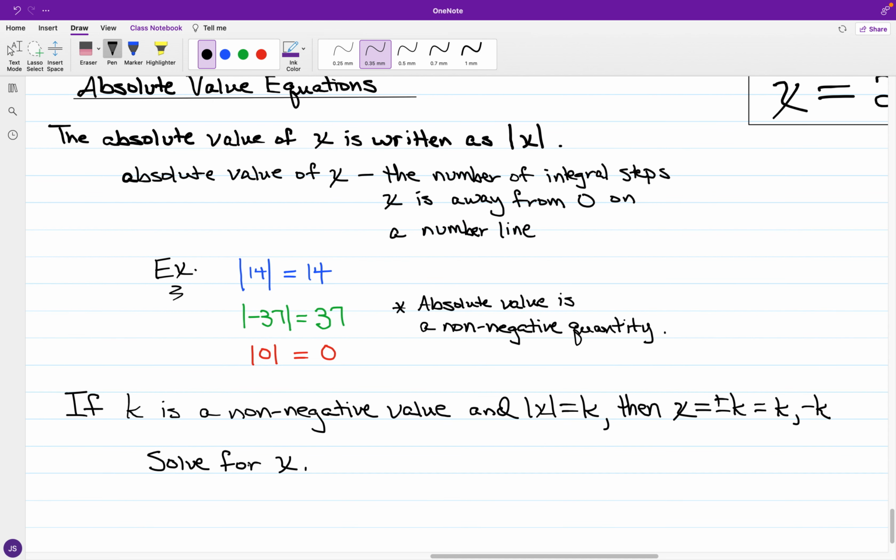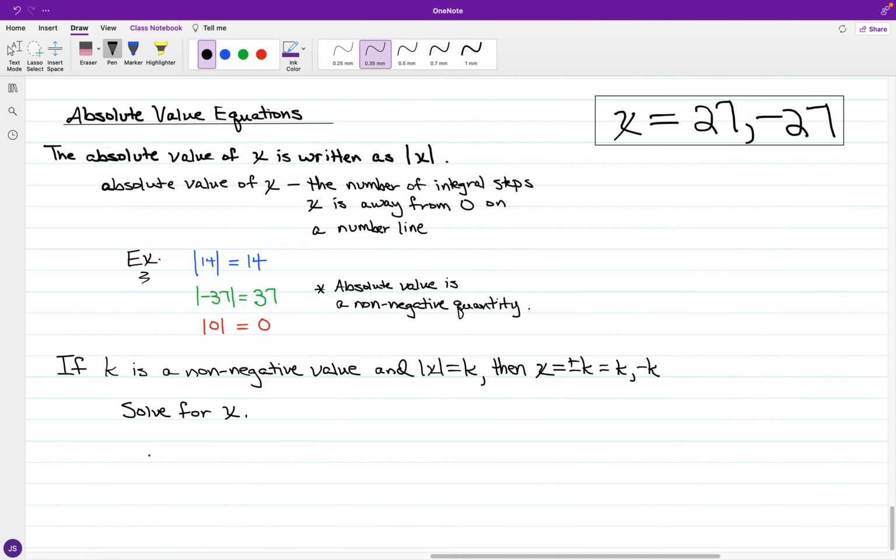If we're looking at solving for x, let me see, we have in the first case, right? So we'll just say we have just a standalone term. Let's say we have the absolute value of x is equal to 7. Okay, so we got absolute value is equal to k. Here k is 7, and 7 is non-negative in value. Okay, and so here we're looking at the values of x whose absolute value will be 7.